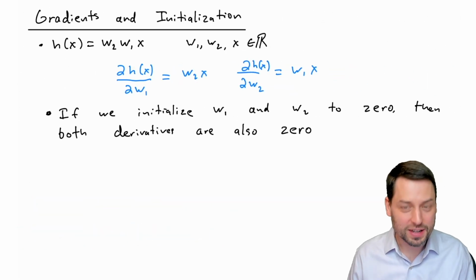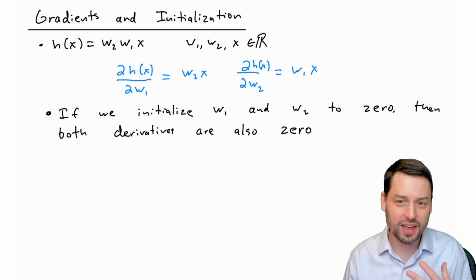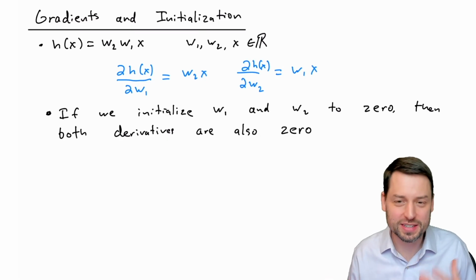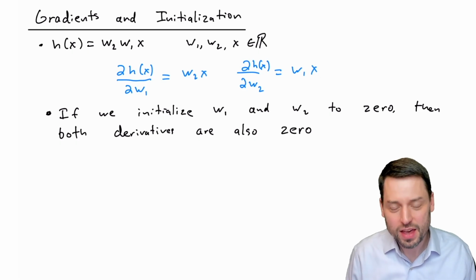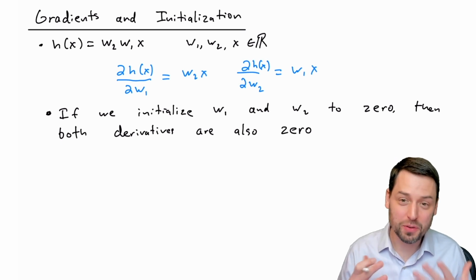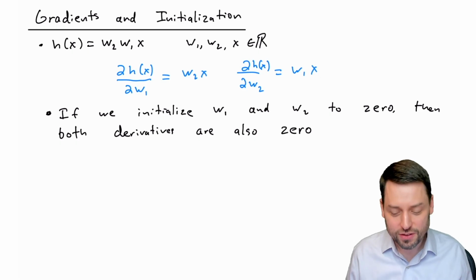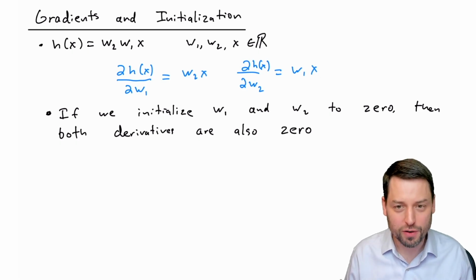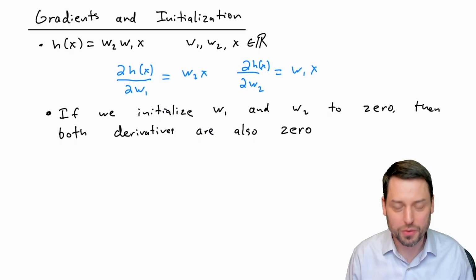What this actually corresponds to is the fact that 0 is a local optimum, or really, technically a saddle point, but we're not going to worry too much about these distinctions for now. It is a point where the gradient is 0. Yet it's not a very good point. Of course, you're not making very good predictions when you just have all your parameters equal to 0. And so in order to actually perform optimization in a neural network, we need to initialize our parameters to something other than 0.